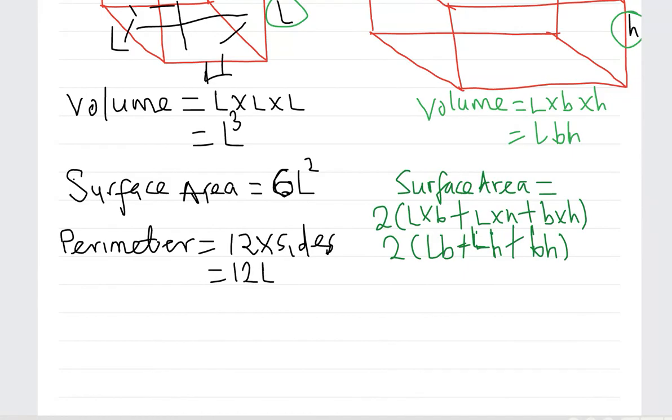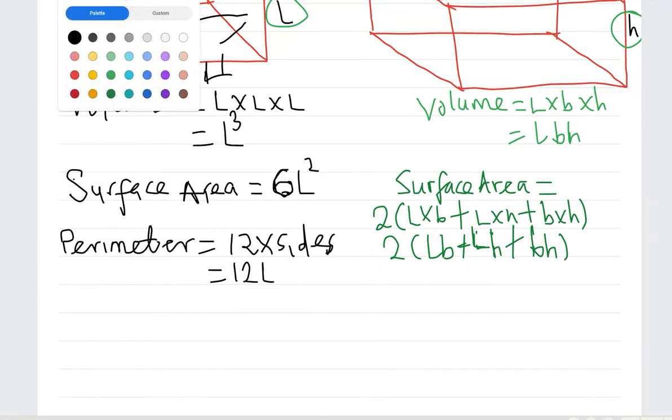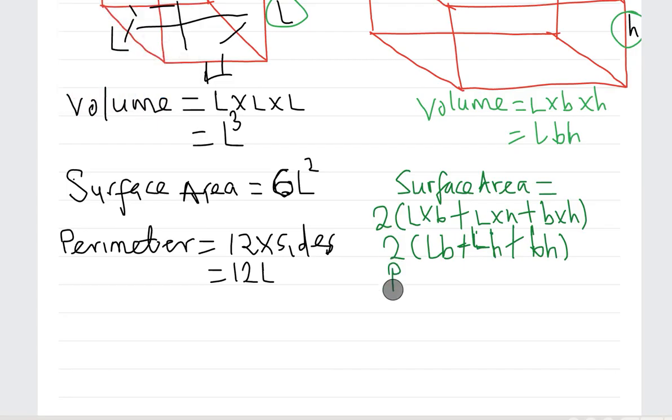So the perimeter of this one will give us 4 lengths plus 4 breadths plus 4 heights. You can see 4 plus 4, 8. 8 plus 4, 12.